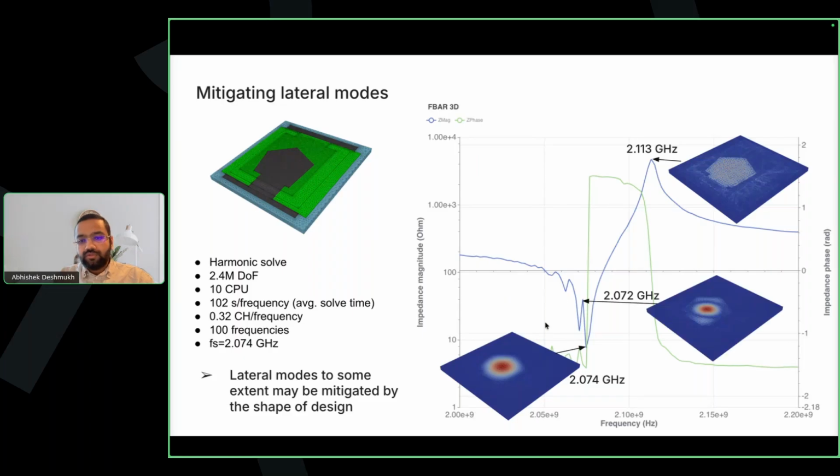I wanted to also see what these are, and here you can see there is some kind of intermediate lateral mode here, and also the other one here. So ideally we would also like to get rid of those.